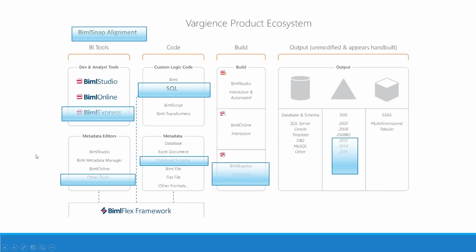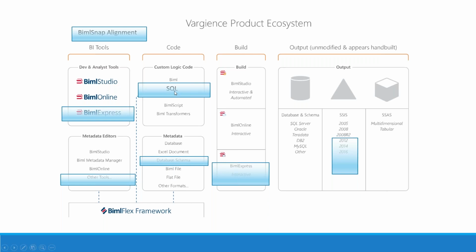Okay, I had mentioned Verigence. Wherever you see the blue overline, this is where we align with the ecosystem of Biml products from Verigence. They have Biml Studio, Biml Online, Biml Flex, and then BimlExpress. BimlExpress is their free add-in, and I just demonstrated using it to generate the packages.